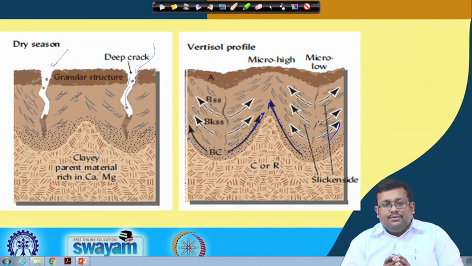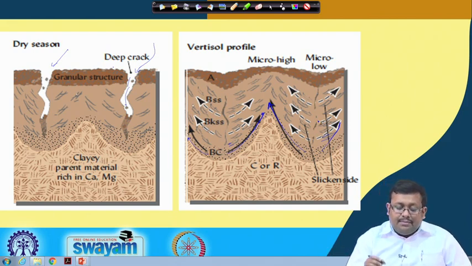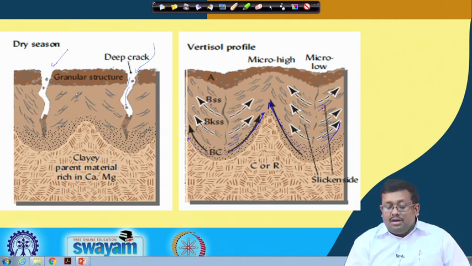Due to the excess volume of the soil, the excess soil material tries to move out in two opposite directions, and as a result in the Bss horizons there will be some shiny characteristics. These shiny features present at oblique angles are called slickensides.